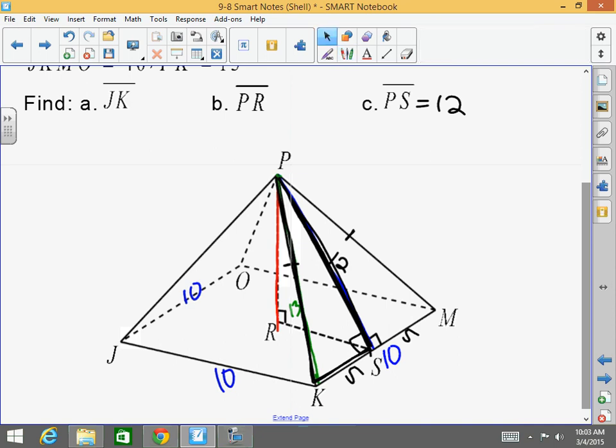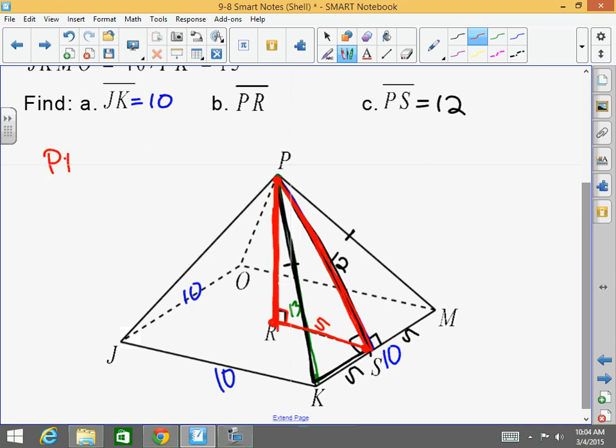Okay. Now, JK, we know what JK is already because the perimeter was 40. So that's 10. So now all I got to do is find PR. PR, right here. You with me? But look at what we have, guys. If we have PRS using the slant height as my hypotenuse, what would the distance of RS be, being that it's half of the side? 5. My hypotenuse is 12, so I want to find PR.